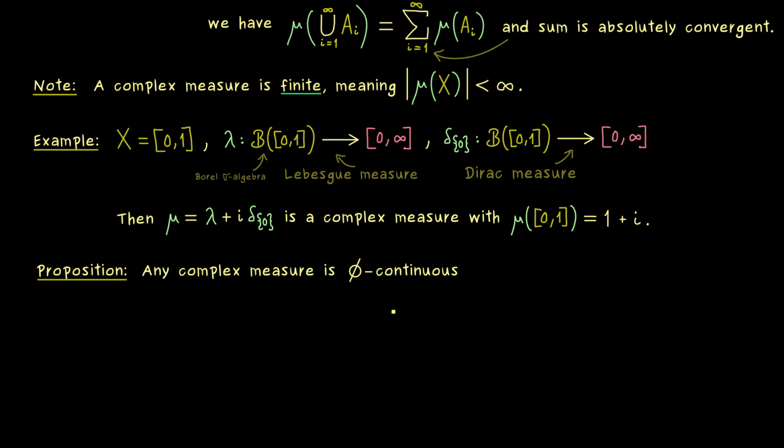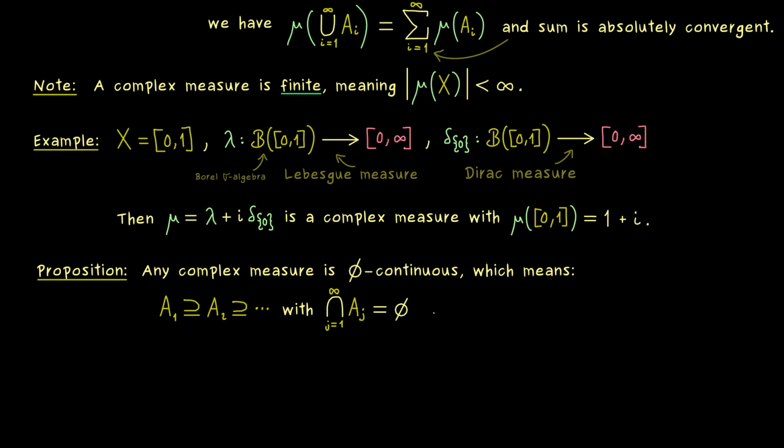The first thing is that any complex measure is always continuous at the empty set. Which simply means if we make the set smaller and smaller that we put into the measure, then we also make the measure smaller and smaller. And moreover, if the limit of the sets is given by the empty set, which simply means that the intersection is the empty set, then the measure of A_j should also converge to the measure of the empty set.